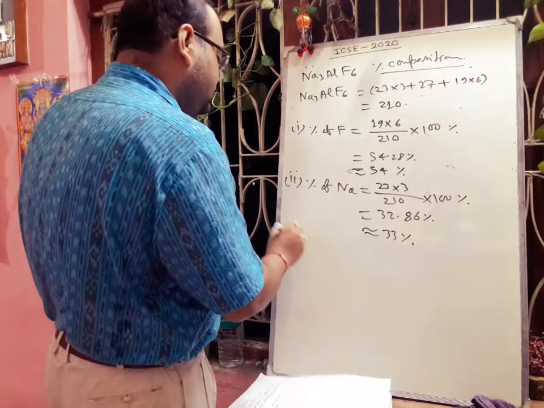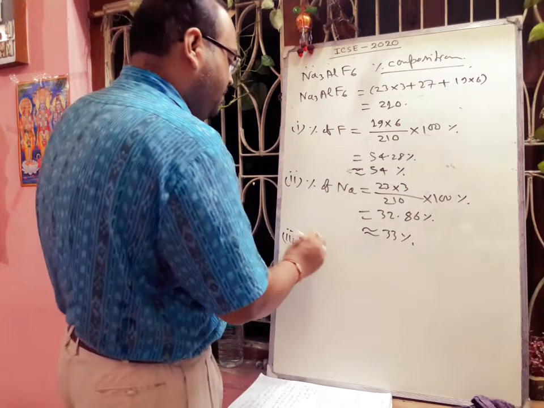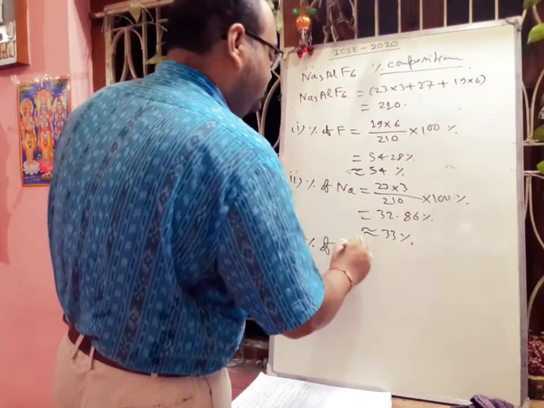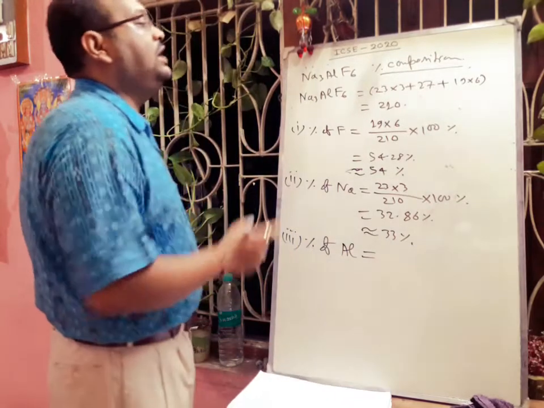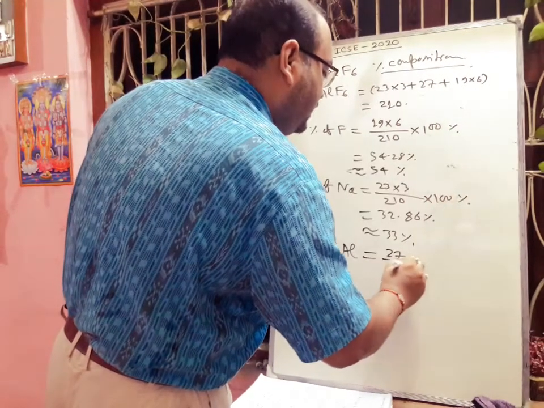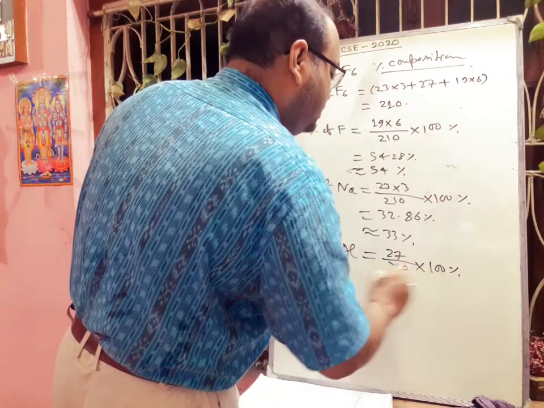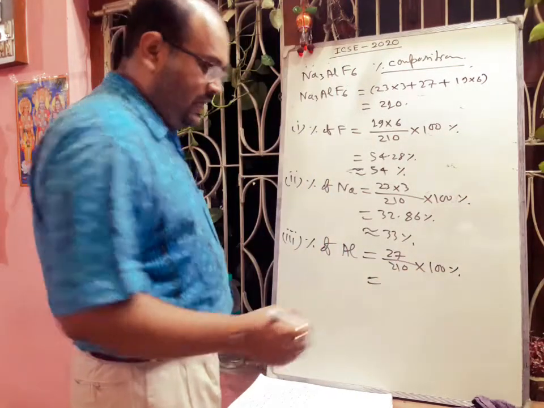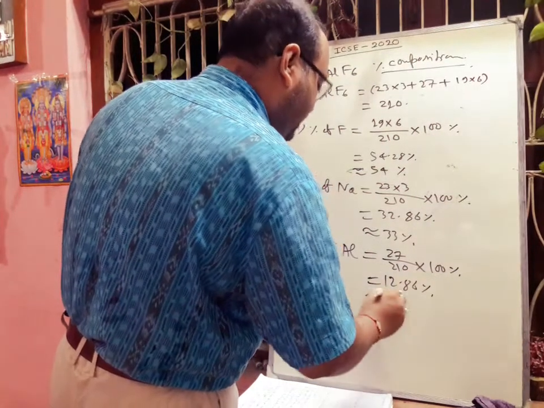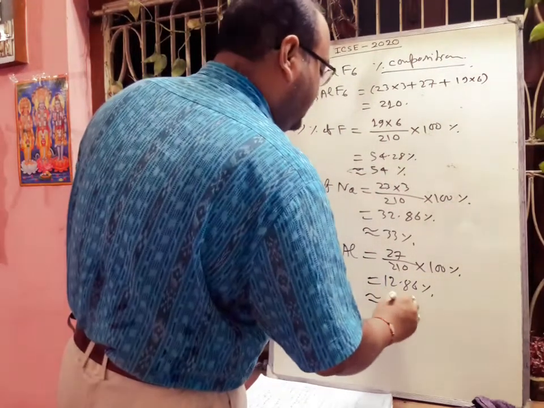And another part is the percentage of aluminium. Only one aluminium atom is there, so 27 divided by 210 into 100%. If we calculate it, we will get 12.86%. Now if we round up to a whole number, it will be 13%.